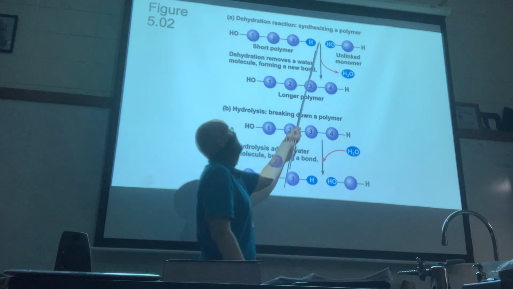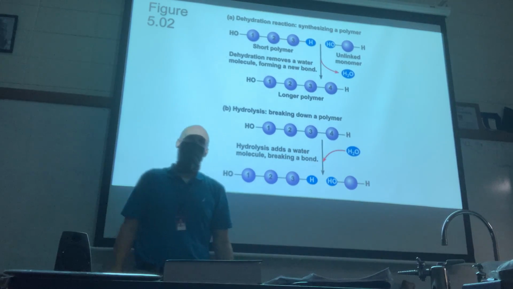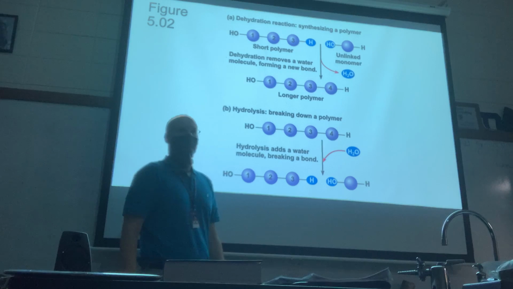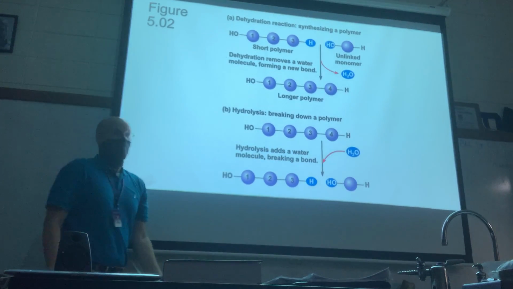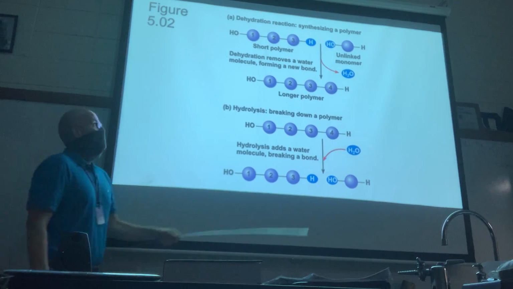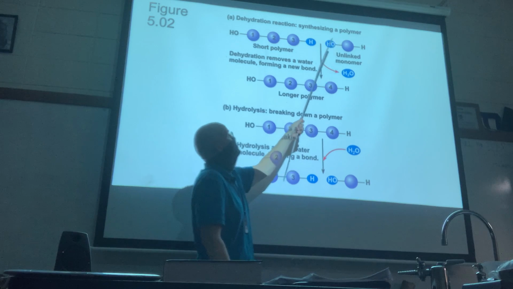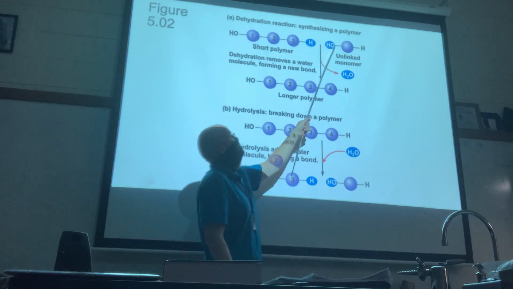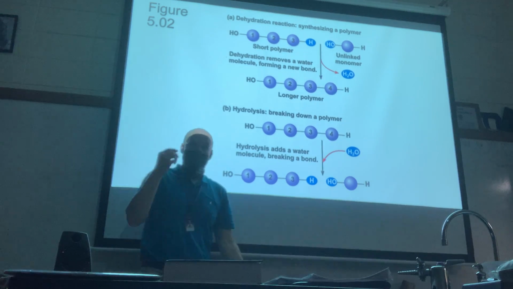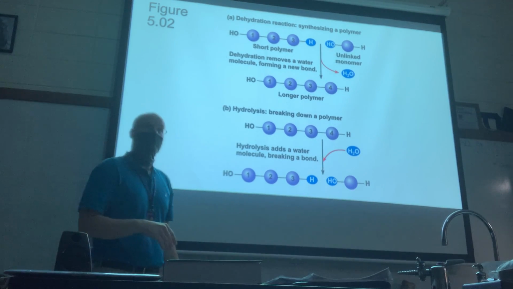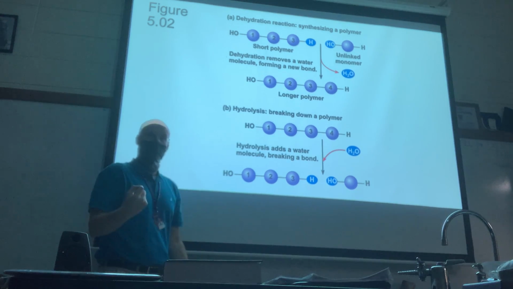Now, when you see an H and then an H and then an O, what do you start thinking of? Water! And there it is right there. Basically, when you have a situation like this, two molecules, and there's a hydroxyl group and a hydrogen group, there are enzymes, and we'll talk about enzymes later, that can kind of rip those off.